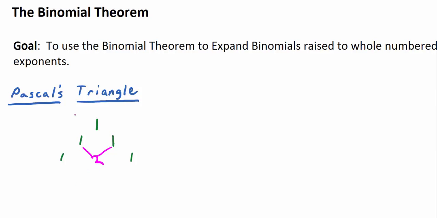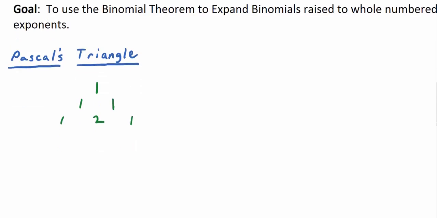So 1 plus 1 is 2, so that should be a 2 right there. And that is really a recursive sequence line of thought, isn't it? So Pascal's triangle is generated recursively.